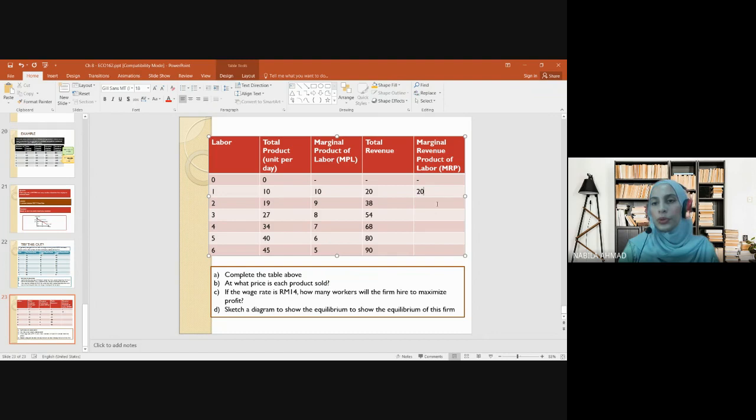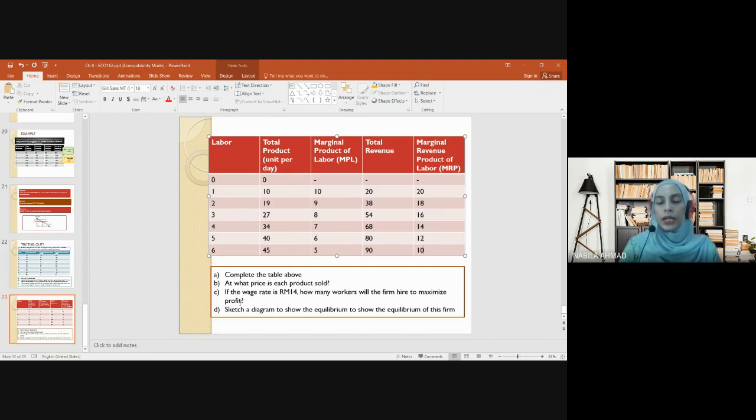So 20, 18, ya. 12. Betul tak saya ni? Salah pula. 54 tolak 38, betul 16. Oh sorry, 16. Okay. And then 68 tolak 54, 14. 80 tolak 68, 12. Dan ni 10.